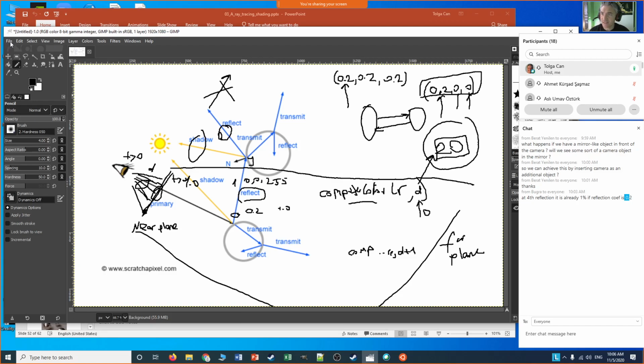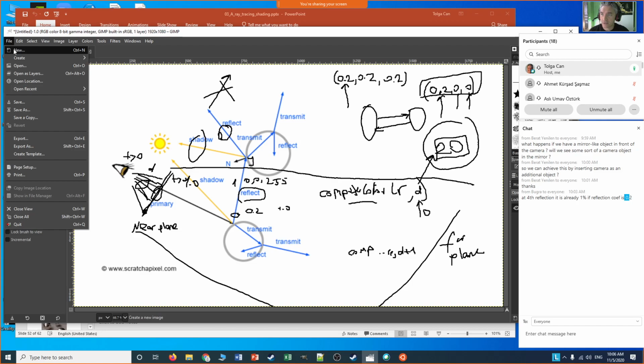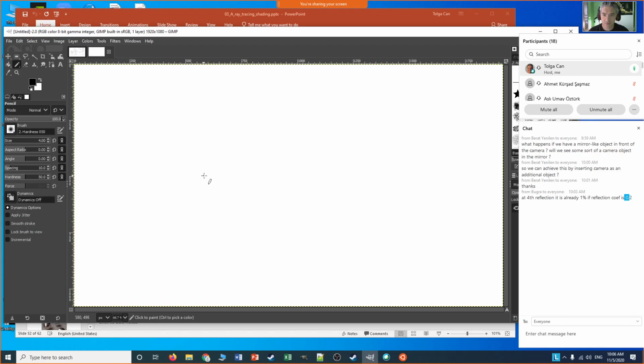Now, the final thing that remains to be discussed is how we compute this reflected ray geometrically. If I have a surface, this is my primary ray, and this is the normal of the surface, what will be the reflected ray? Finding this geometrically is the final thing we need to do.